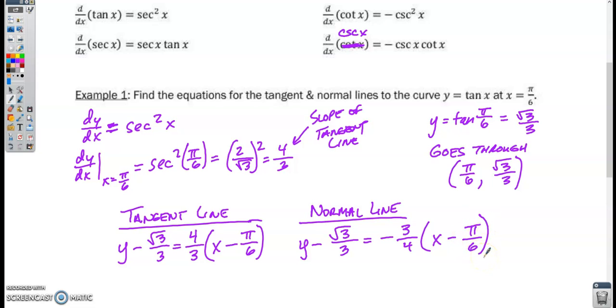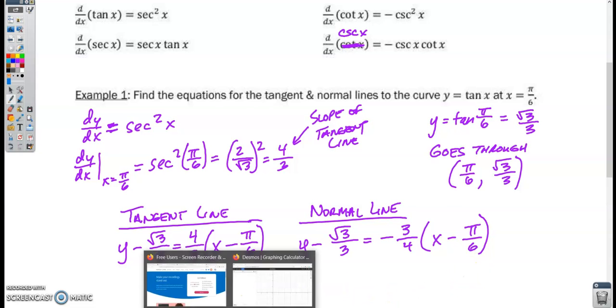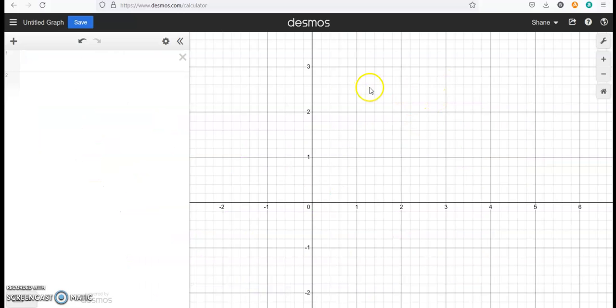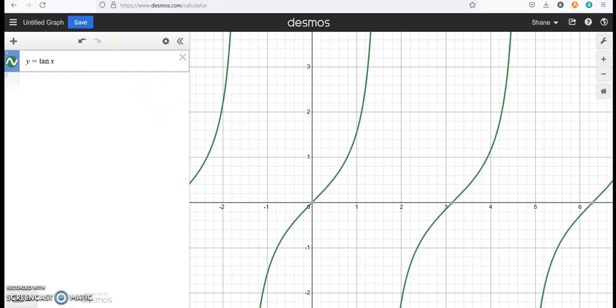All right, so just to verify this real quick, let's take a look at the graph of this function and the graphs of the tangent line and normal line. Okay, so we're talking about the graph of y equals tangent of x. There we go. And we're finding the tangent and normal lines at pi over 6, which is a little bit more than 0.5, so somewhere right around in here is where we're looking at these tangent and normal lines.